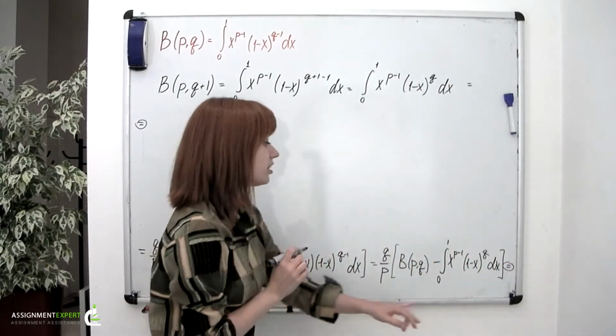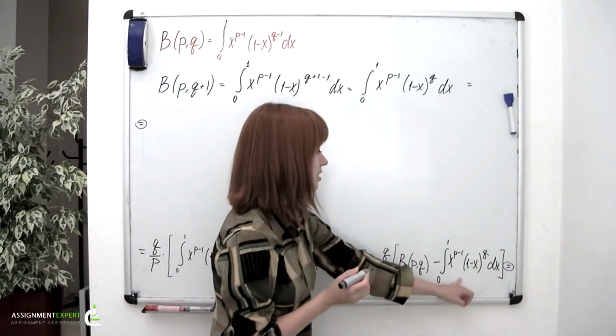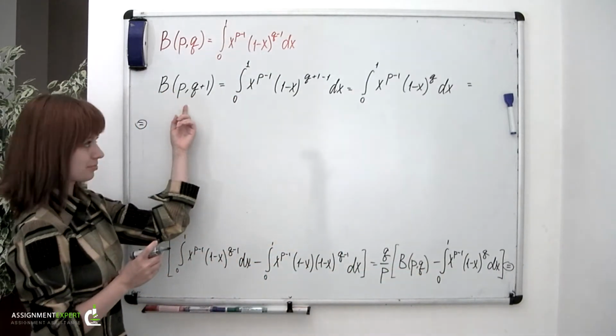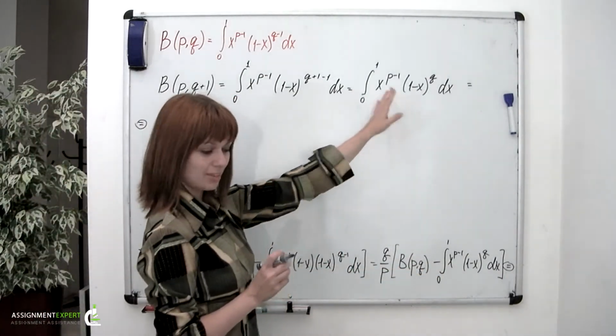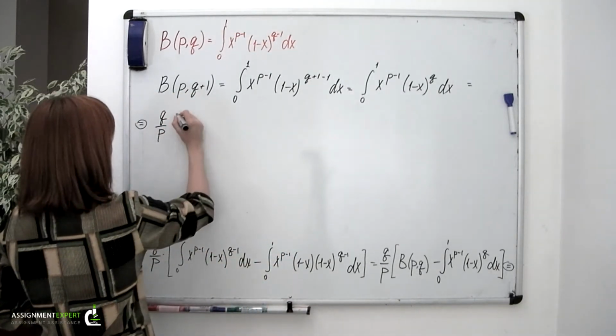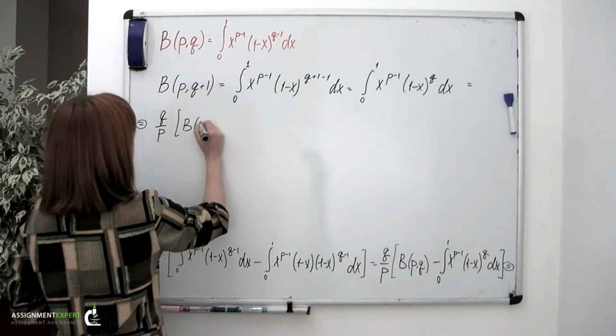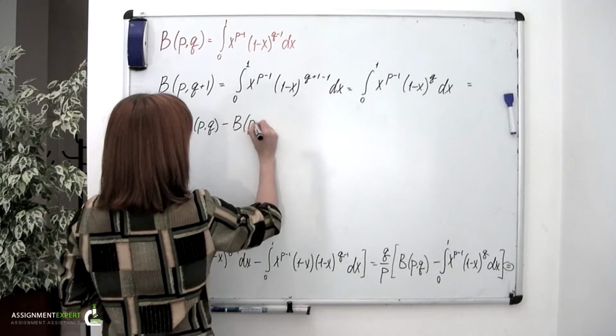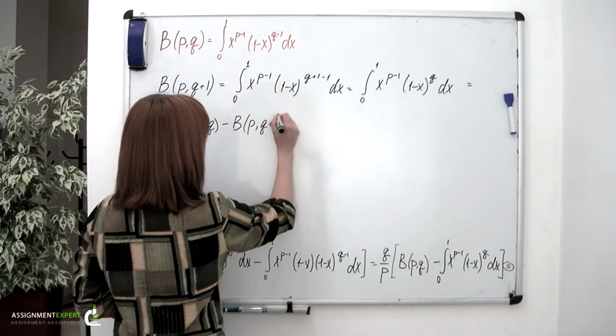Now, if we look carefully at the second integral, we'll notice that it's nothing else than the beta function we've started with. So what we've obtained is q over p times beta of p and q, minus beta of p and q plus 1.